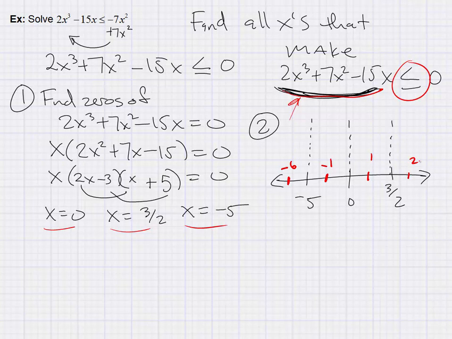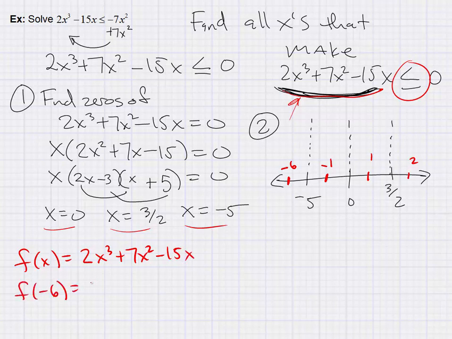So if my function is 2x cubed plus 7x squared minus 15x, and I want to find f of negative 6, I go 2 times negative 6 cubed plus 7 times negative 6 squared minus 15 times negative 6.